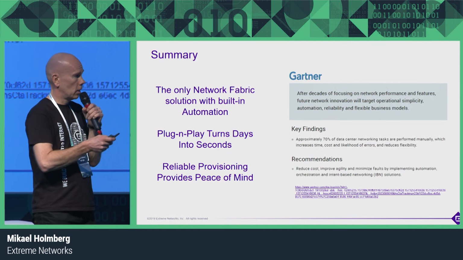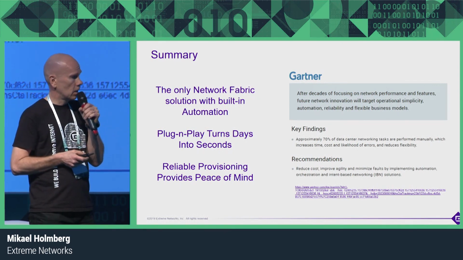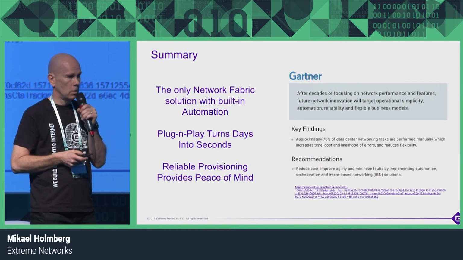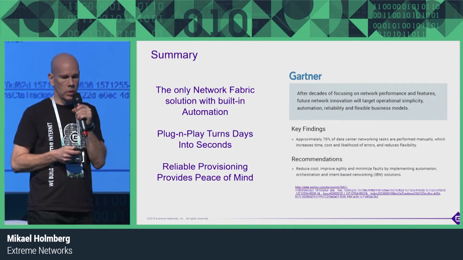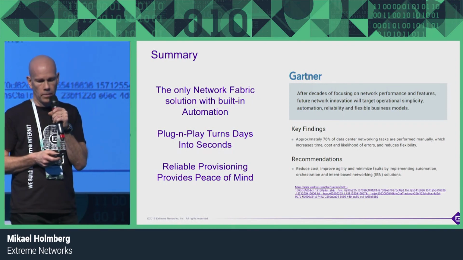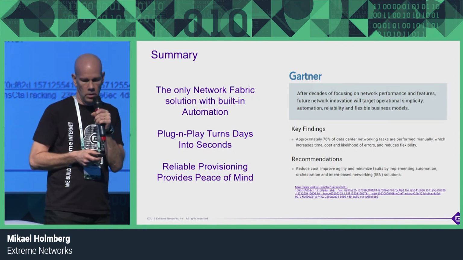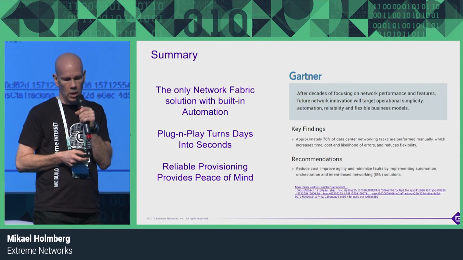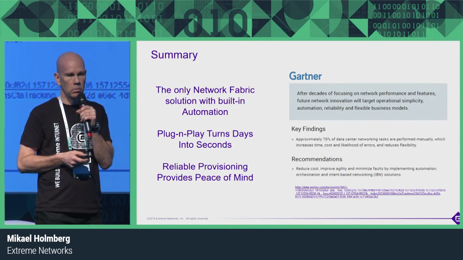On the right-hand side, you have a Gartner statement, which is pretty interesting to read, because it says that approximately 70% of data center network tasks are performed manually, which increases the time, cost, and likelihood of errors and reduces flexibility. And obviously the recommendation is to introduce automation, and so on.